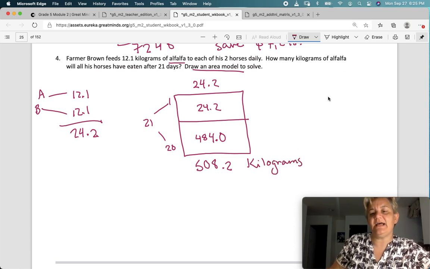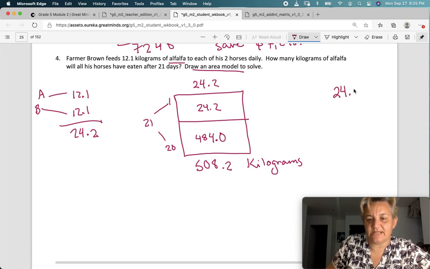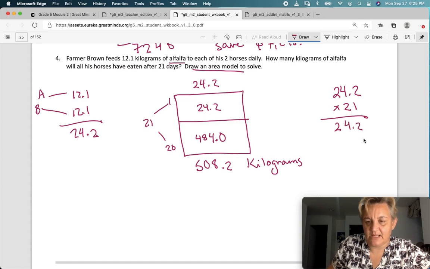Now I'm going to multiply with the standard algorithm just to check my work. I know that we have not been multiplying with decimals very much, so just follow along. If I have 24 and 2/10 times 21 days, I'm going to multiply 1 day times 24.2, which is going to give me 24.2. Then I'm going to multiply the tenths, so I add my 0. 2 times 2 is 4. 2 times 4 is 8, and 2 times 2 is 4.